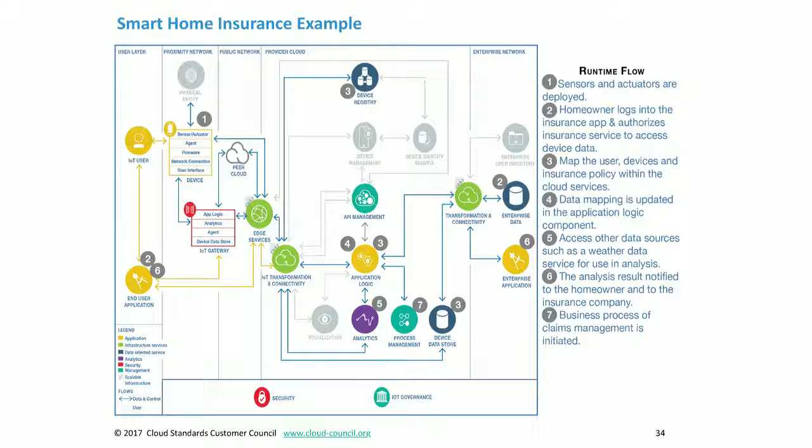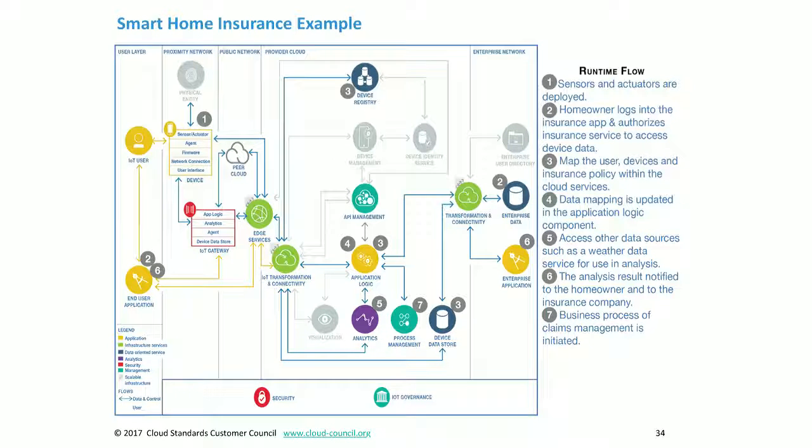This is peer cloud, in this case, the device maker cloud. So those 3 are always there in your house once you purchase the sensor or actuator and deploy it in your house. So number 2, you need to log in and authorize insurance service to access the device data. And you see the number 2 on the right side also.